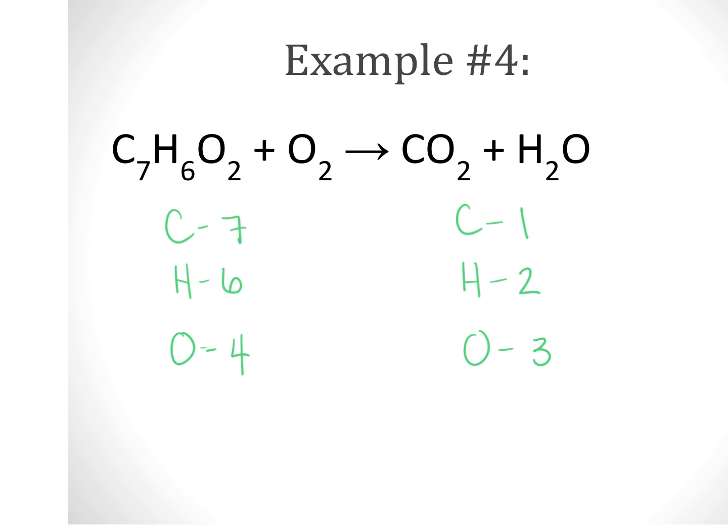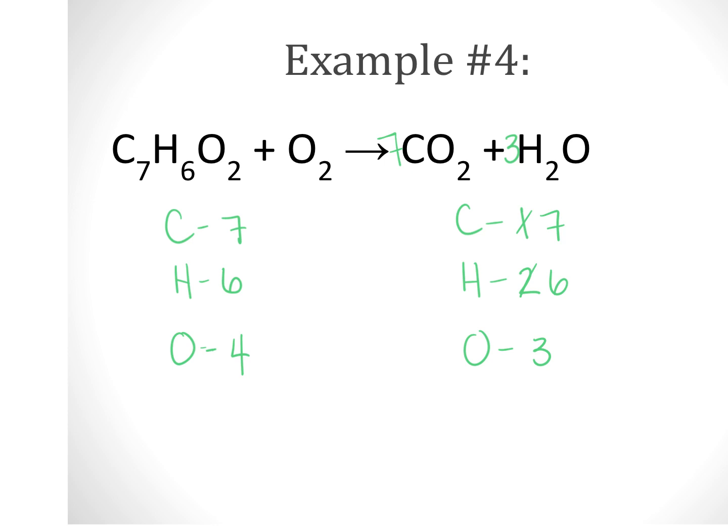This is where you're going to write light because we're going to end up erasing. Then we're going to go ahead and balance our hydrogens. There's 6 on this side, so what coefficient do you need? Good. Okay, so then 3 times 2 will give us 6.